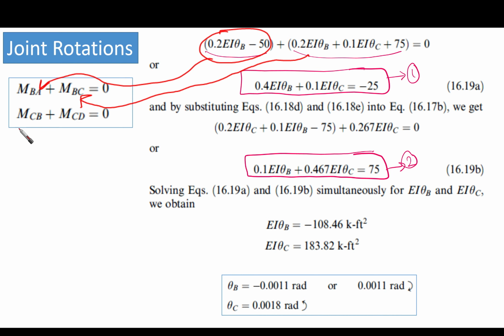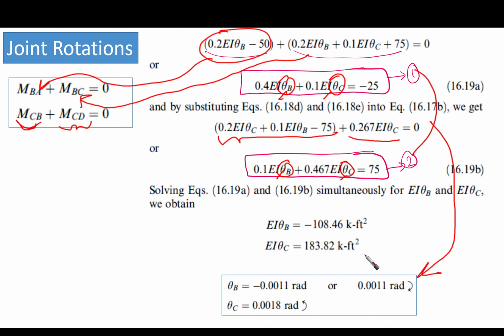In a similar fashion, we substitute with MCB, which we already calculated before as a function of theta C and theta B, and MCD, which is 0.267 EI theta C. Rearrange it, and you will find it is a function of theta B and theta C equal to something. So we have two equations in two unknowns, theta B and theta C. You can solve them by calculator very easily.